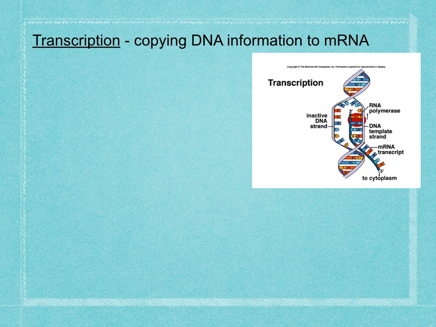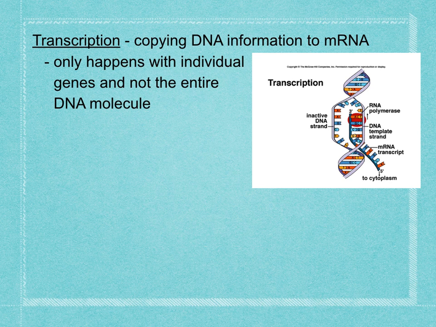Okay, so the next process. We had replication, so that was copying the DNA, making a copy of the DNA. This time we're going to talk about transcription. So what transcription is, is taking the DNA information and copying it to the messenger RNA. So this is that temporary copy of DNA that we're talking about.